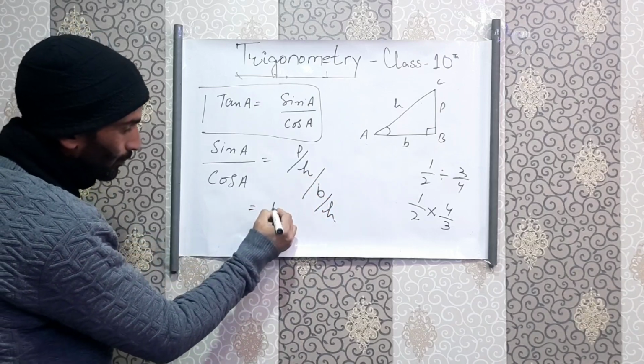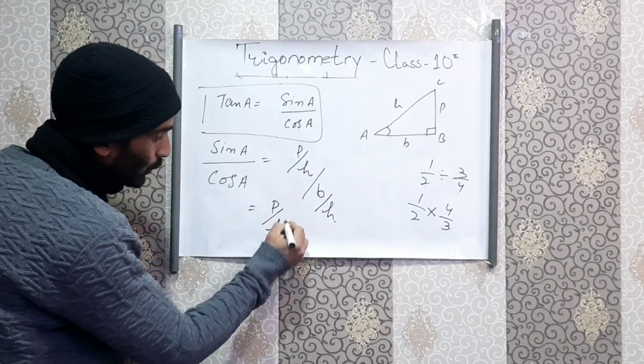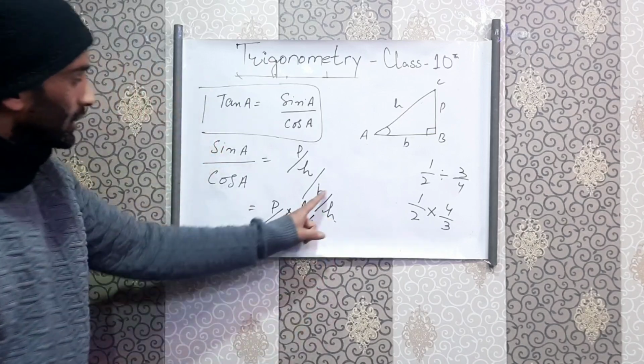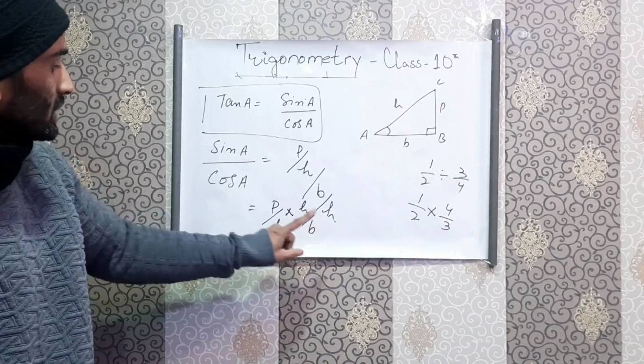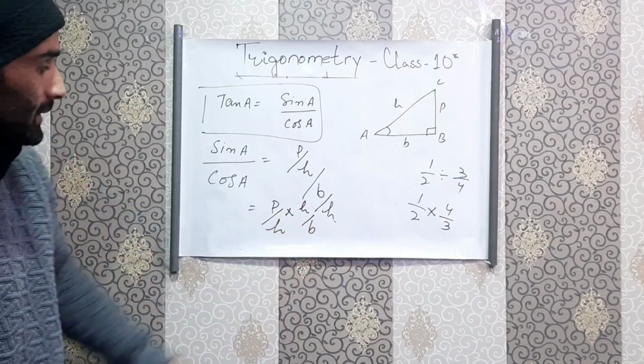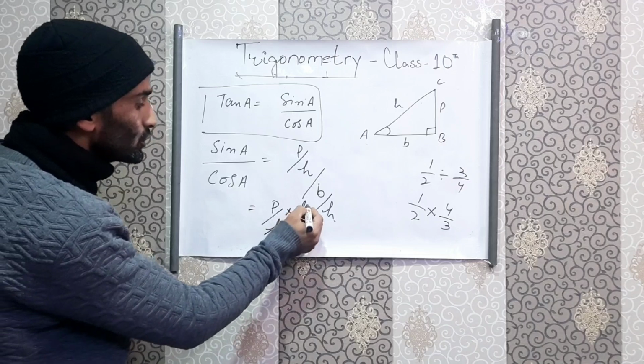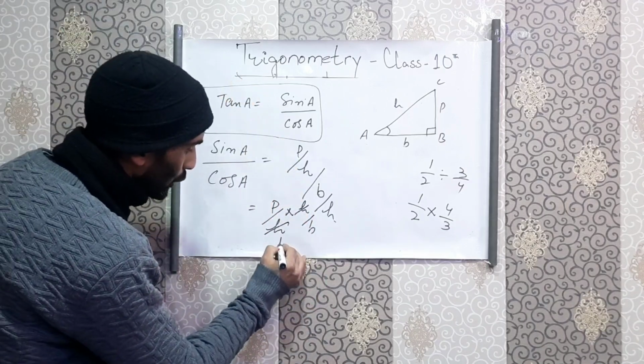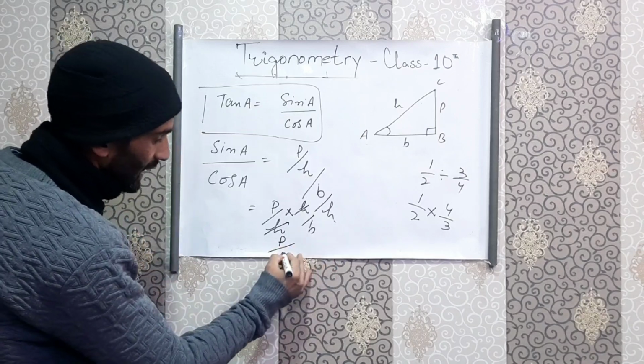That is equal to perpendicular by hypotenuse into hypotenuse by base, the reciprocal of base by hypotenuse. The hypotenuse cancels. What's upside now? That is perpendicular, and downside, that is base.